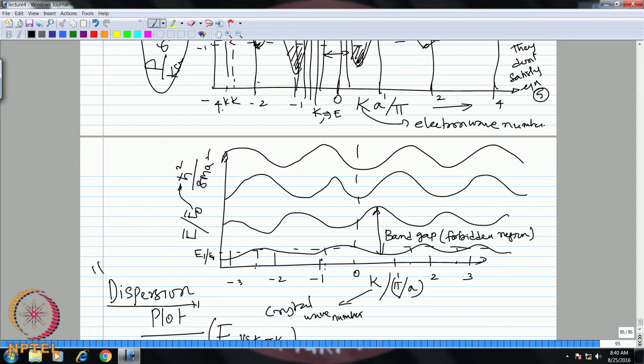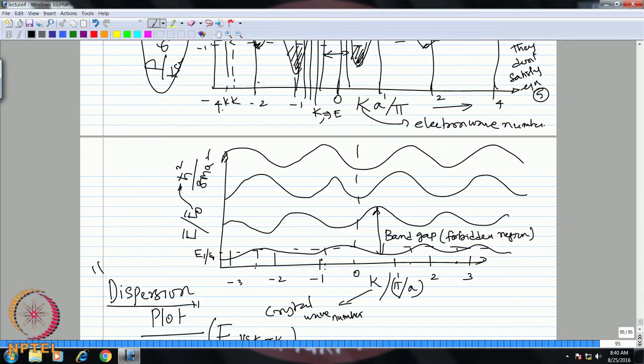Okay. So, now once again you see that these are all periodic, because we are talking about crystals here. We have applied a periodic potential, we applied periodicity of wave function through Bloch theorem. So, therefore, the solution is periodic, the values of the dispersion plot are also periodic. So, we will only take one unit cell again. Okay. That unit cell is now extending for kappa a by pi between -1 to +1.